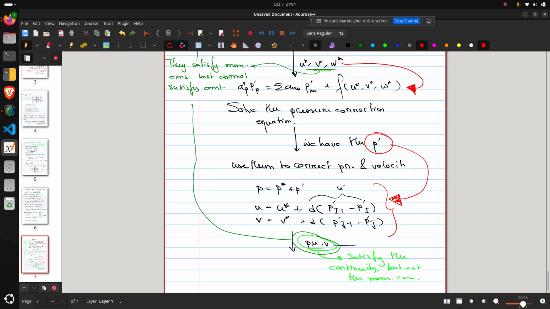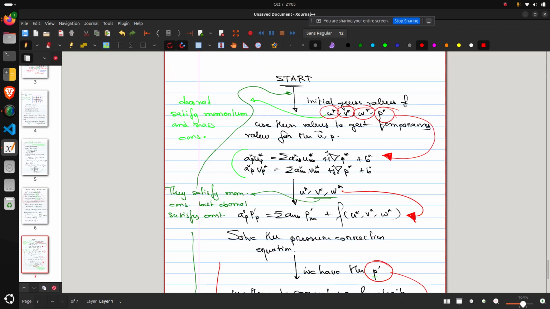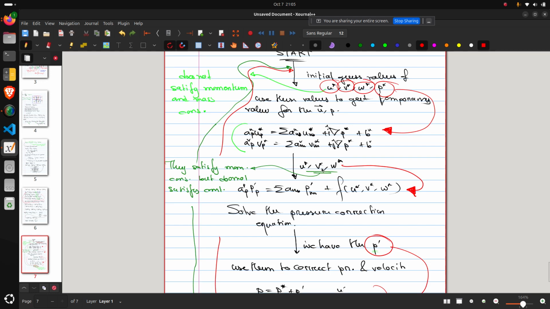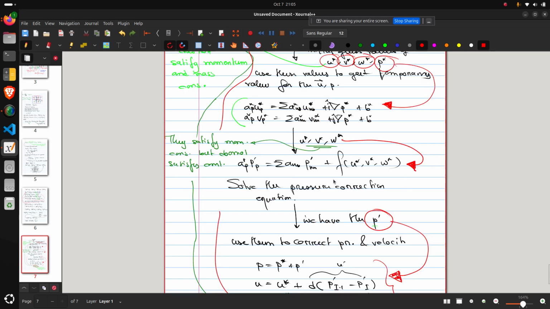And once all of this is done, we check how much the values differ from the values we started with. If it is varying quite significantly, we take the values obtained after this whole step and use them as the initial guess for the whole algorithm again. Then we solve the momentum conservation, and using those solved values we solve for the pressure correction.